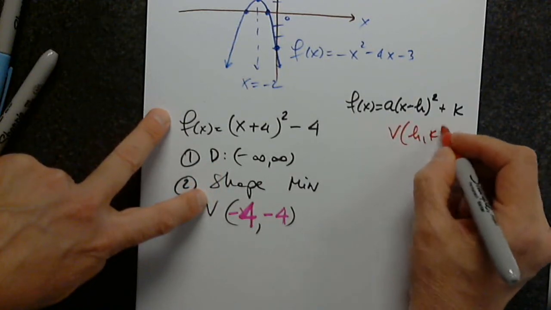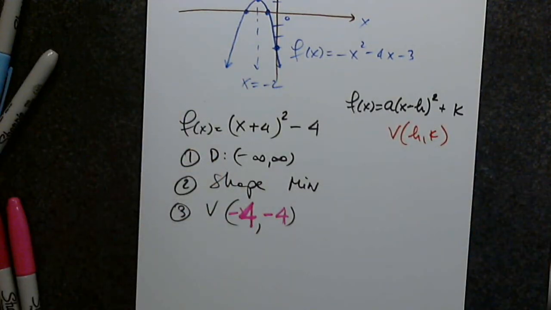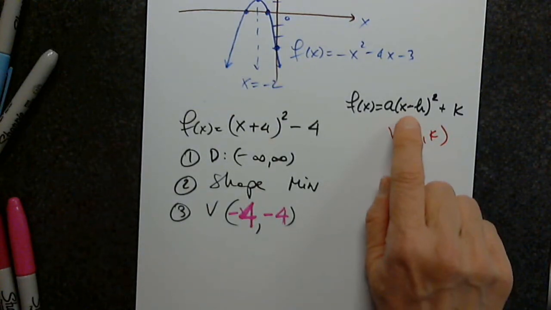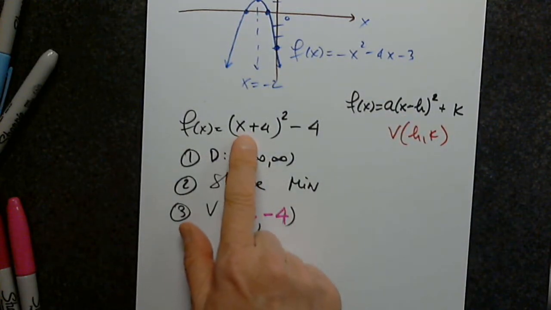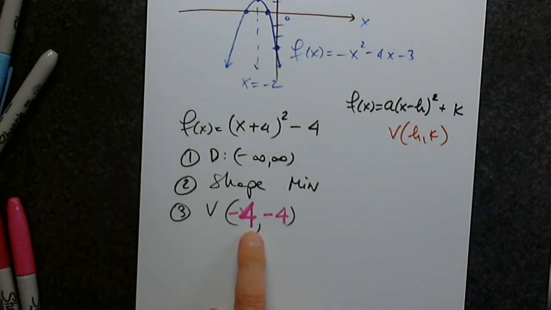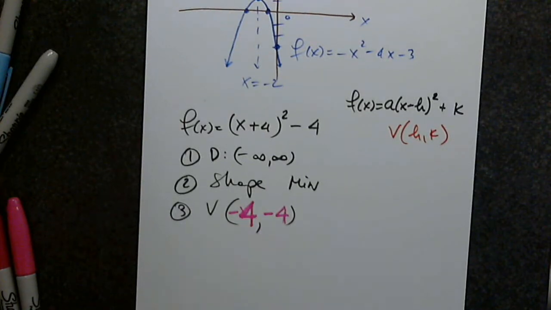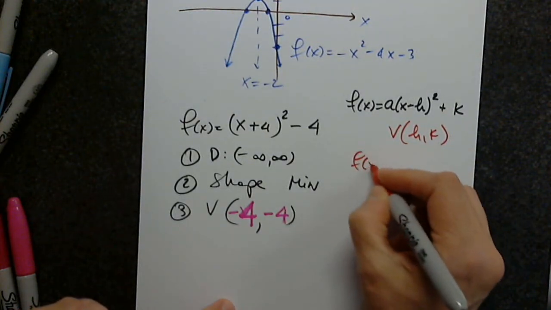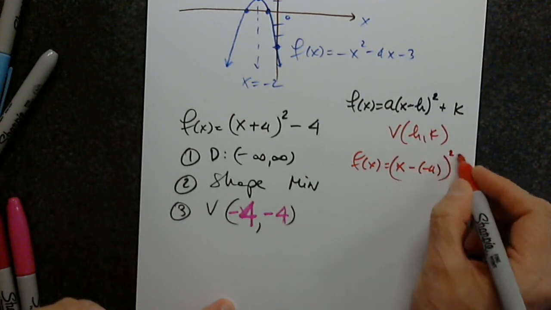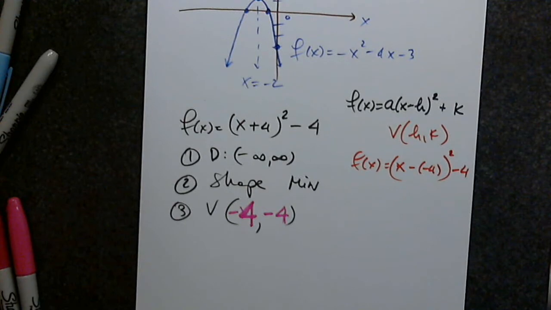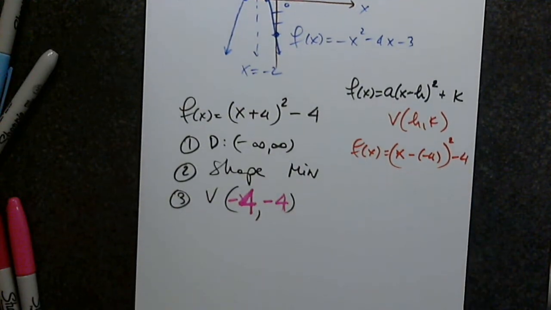So this is the vertex. But remember, there is a negative in here. So x plus 4 shifts the graph 4 to the left, and then 4 down. That's why the vertex is (-4, -4). So if you're solving it, basically you would write x minus -4, squared, and -4. And that's how you get (-4, -4).